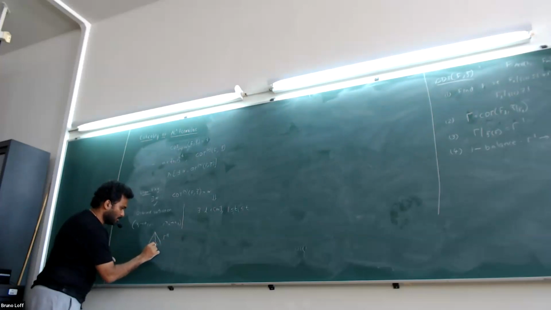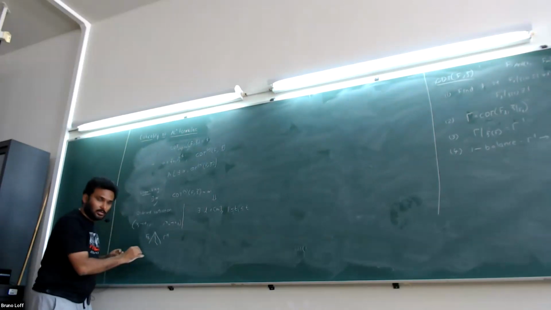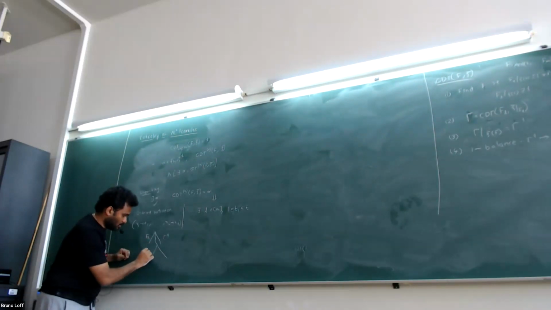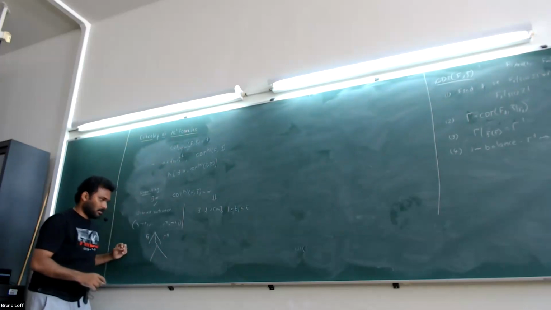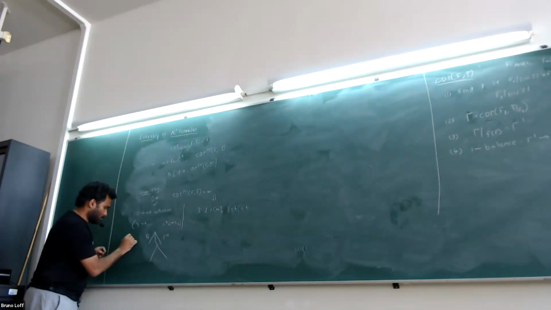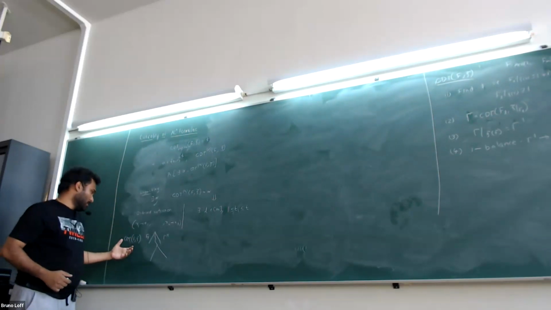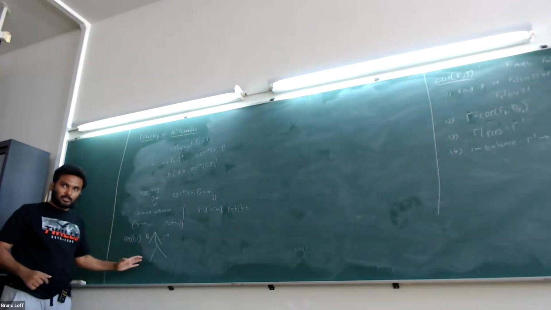Gamma double prime. This corresponds to F1. The CDT of F looks something like this.